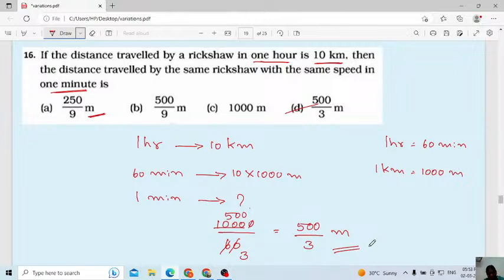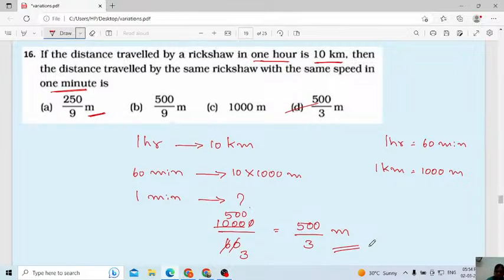Don't get confused in the exam. Understood everyone? No one has any doubt in this variation? Okay, next question.